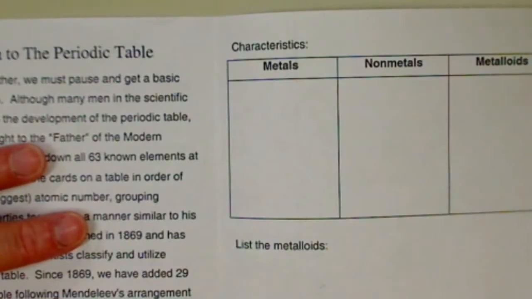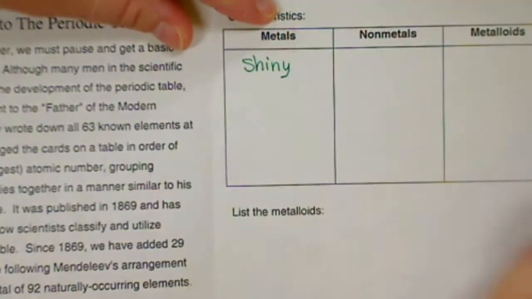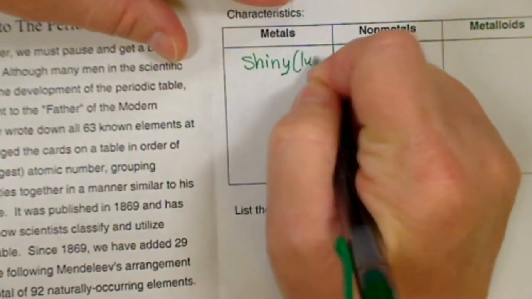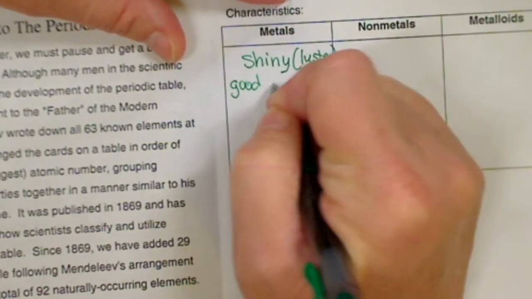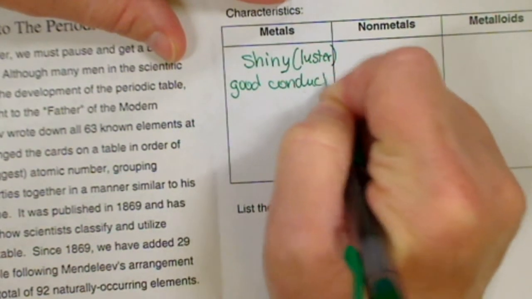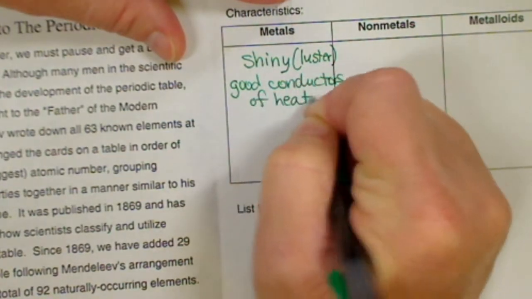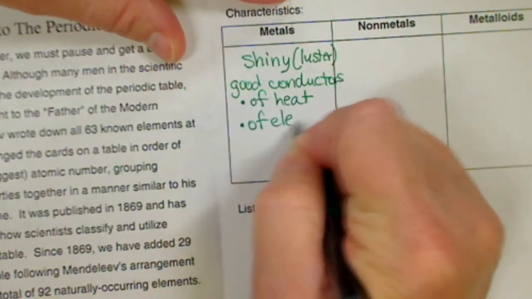Characteristics of metals. There we go. Metals are going to be shiny. That means that they have luster. They are good conductors of heat and of electricity.